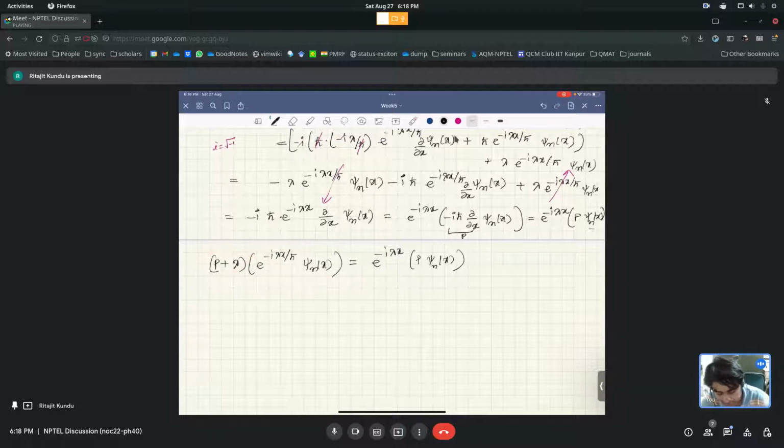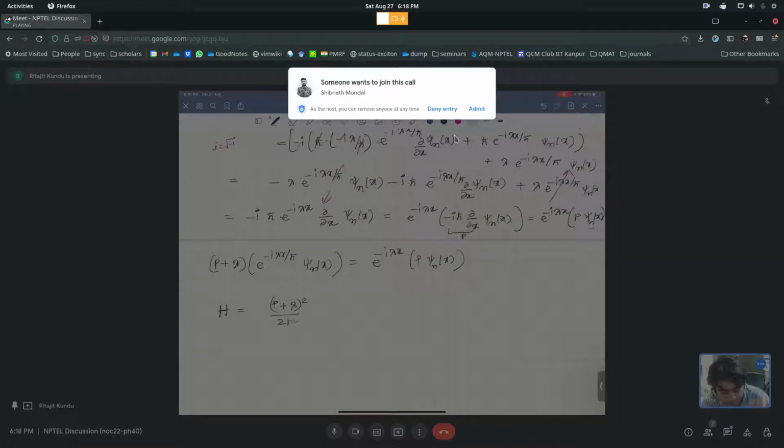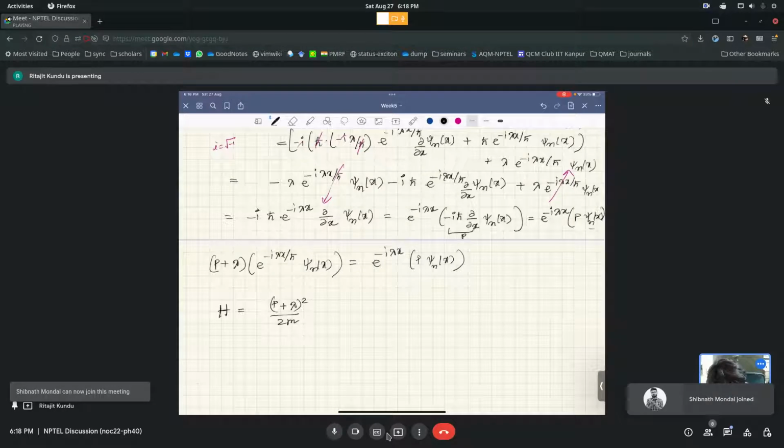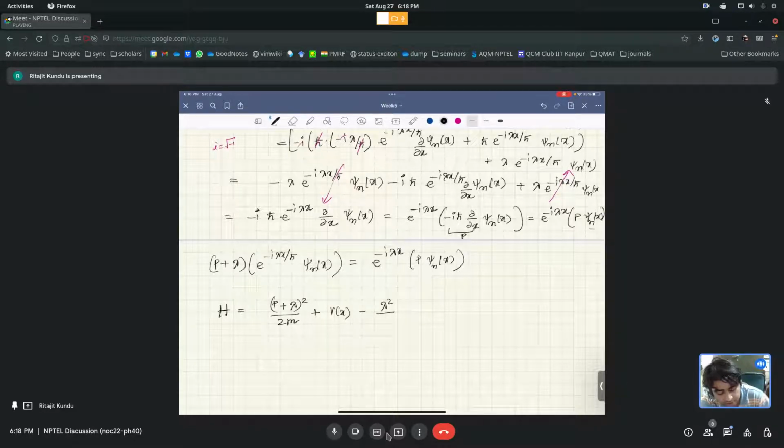So I can now see what happens if I apply my H directly. H was given in terms of p plus lambda whole square by 2m, and then there was this additional V of x, and this lambda square term which came because I had to complete the square. So this is my total Hamiltonian.